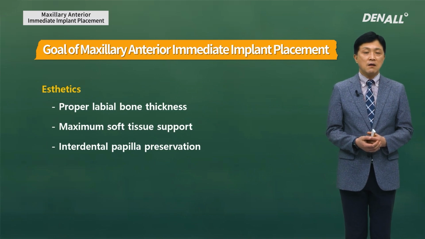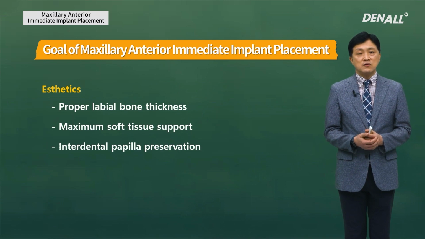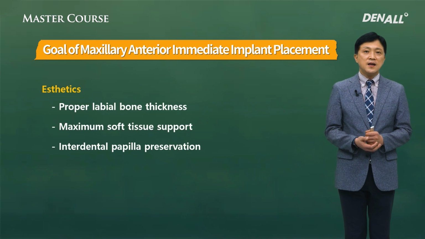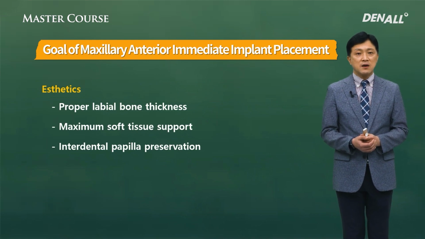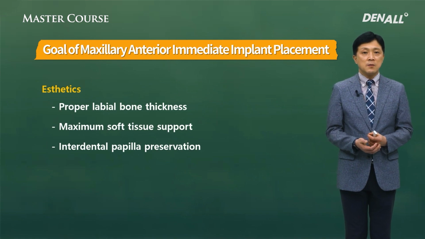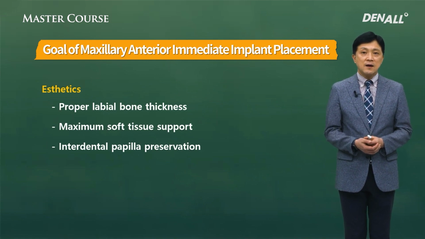In order to ensure aesthetics, we need proper labial bone thickness and maximum soft tissue support. And interdental papilla needs to be preserved and healed. These three factors are needed for an aesthetic outcome.